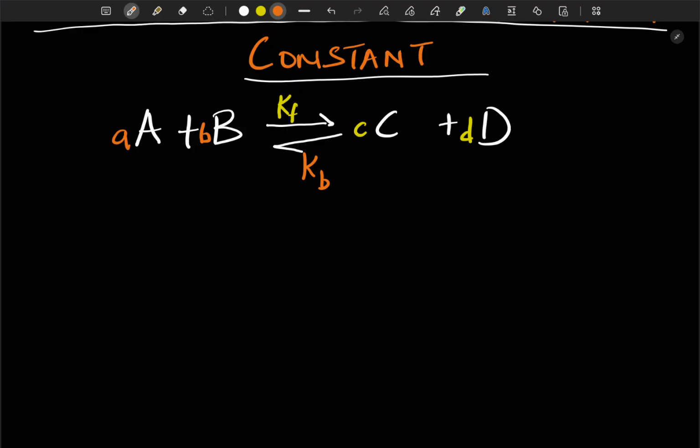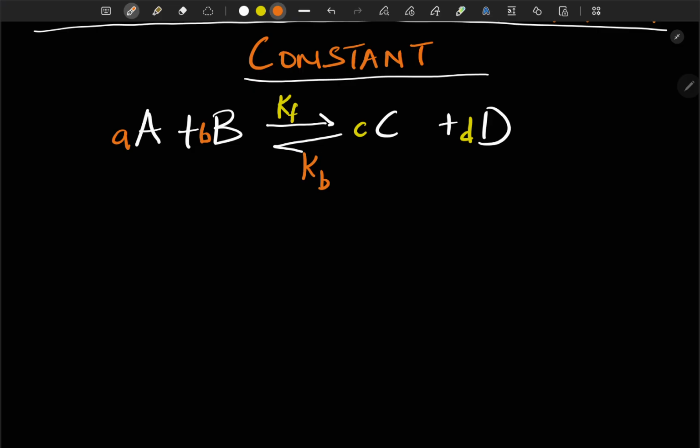Remember that the law of mass action says that the rate of a reaction is directly proportional to the concentration of the reactant raised to the power of moles of the reactant.